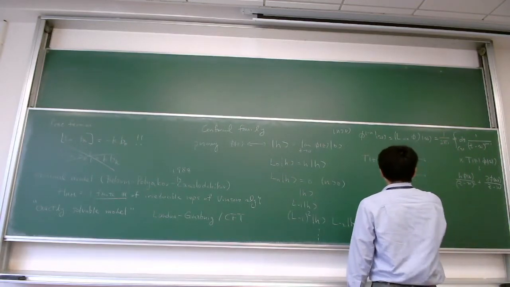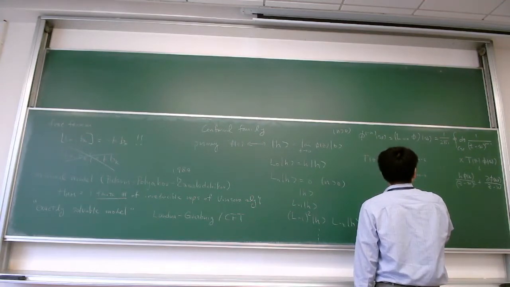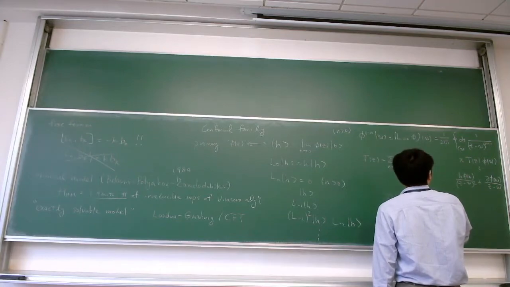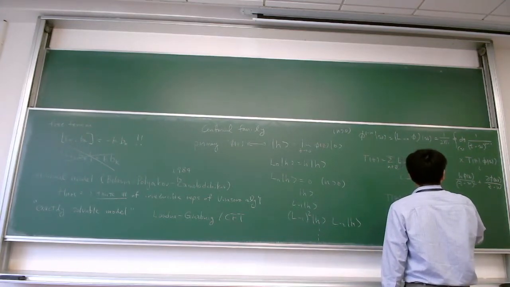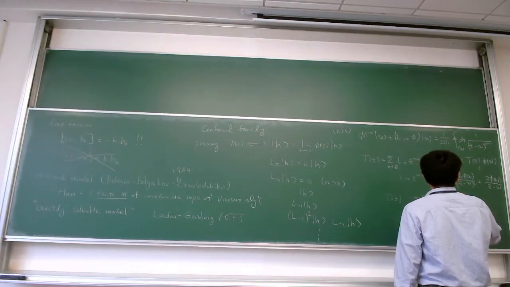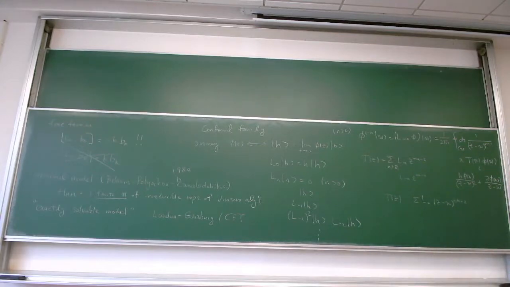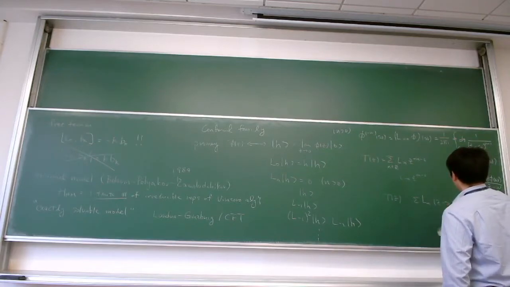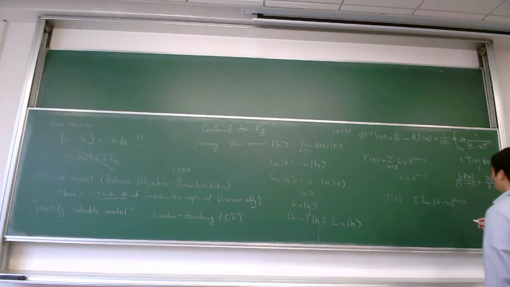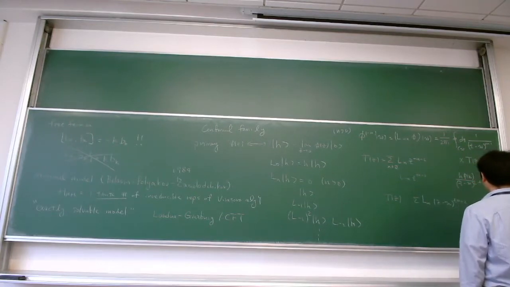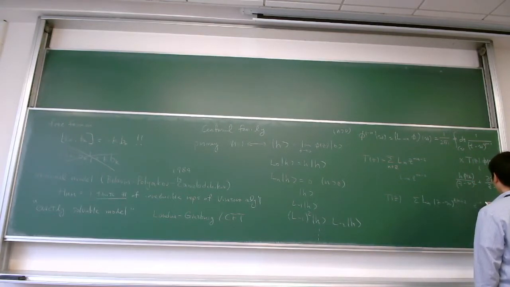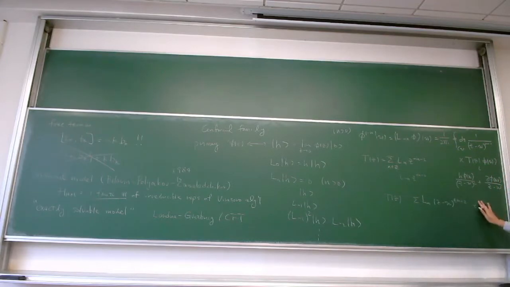So T of z is equal to the mode expansion L_n z minus w to the minus n minus 2. And then what I want is minus n and the plus, which acts on z minus w to the minus n plus 1.